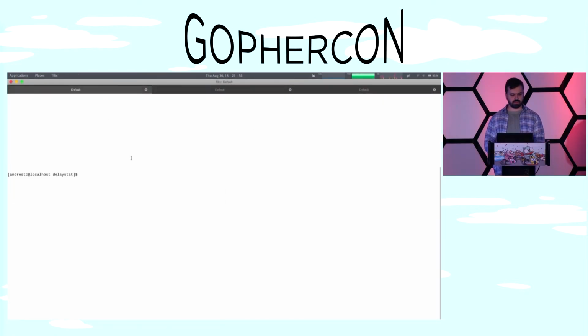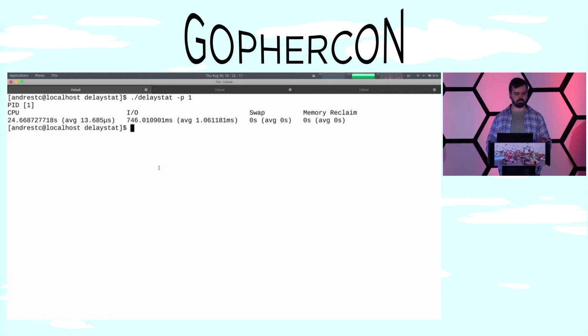So here I'm going to use the delaystat tool to get the delay information from the process with PID 1. Here we can see that we got multiple columns.